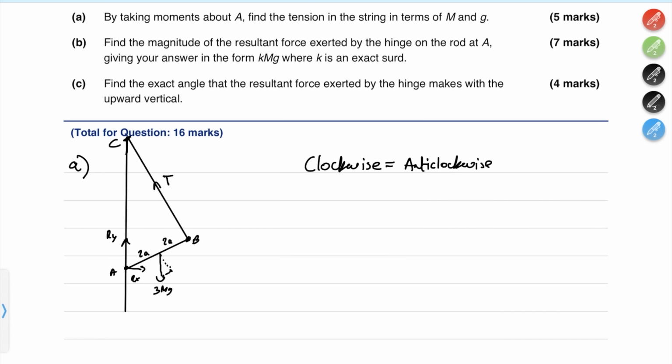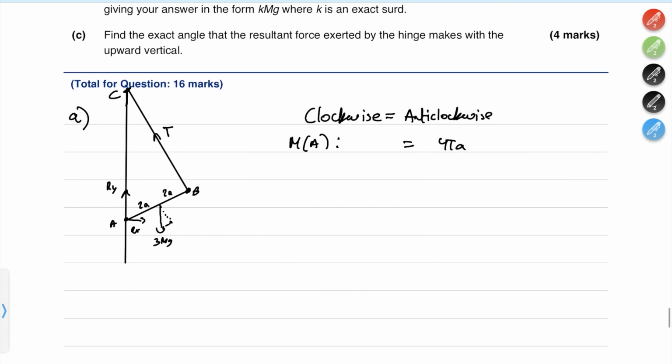If we first look at tension, tension is perfectly perpendicular to the rod, so I don't have to resolve yet. So the anti-clockwise is going to be 4TA. Now let's look at the clockwise moments.